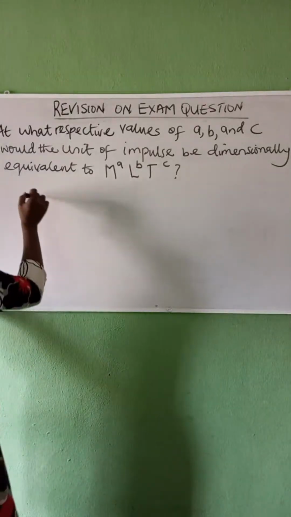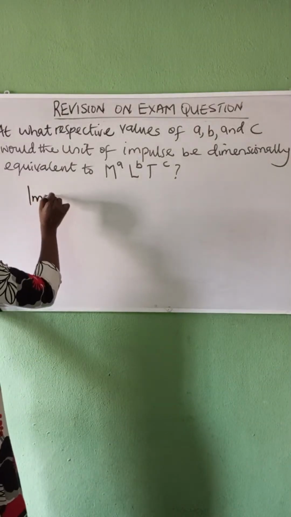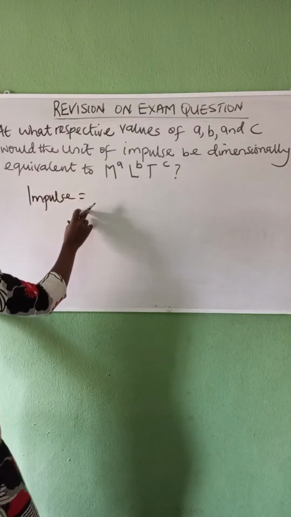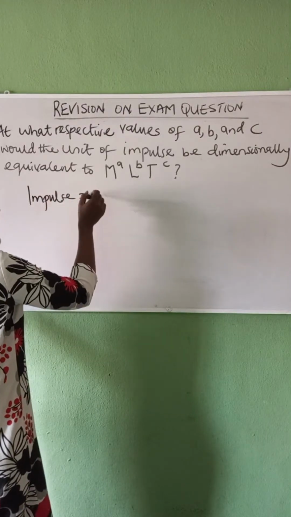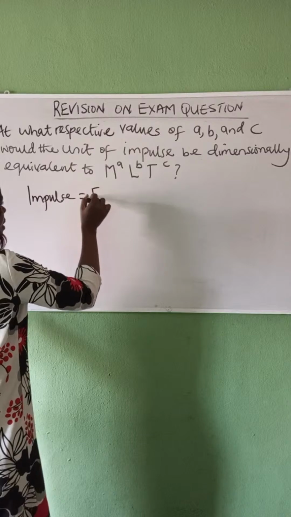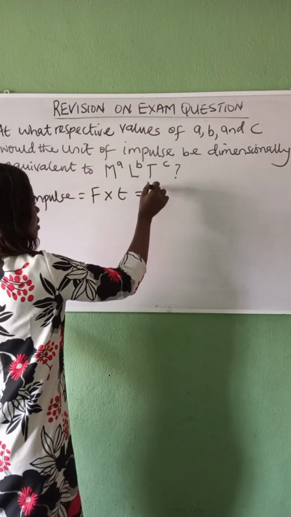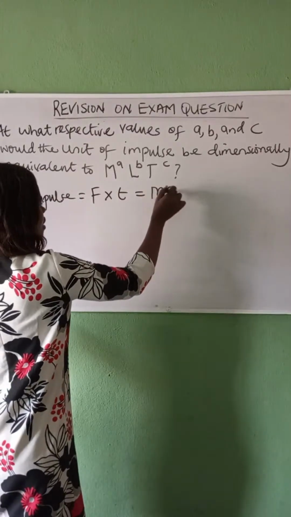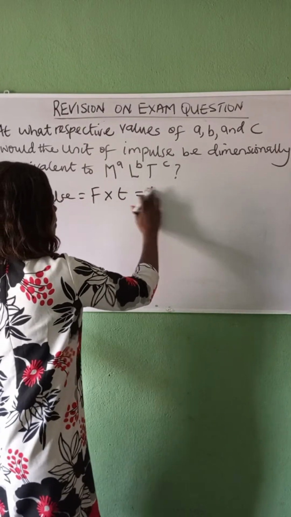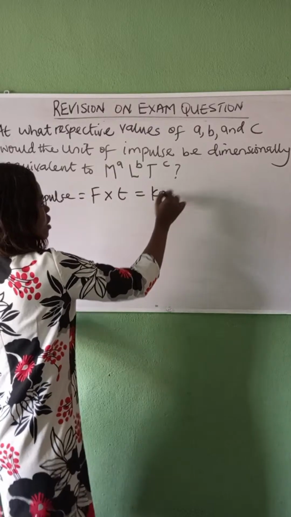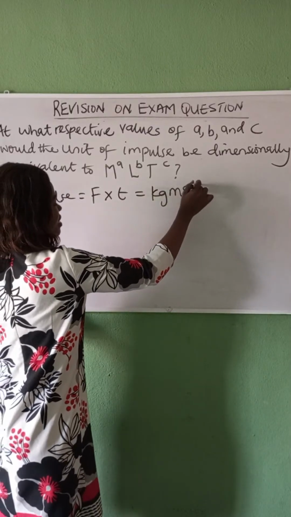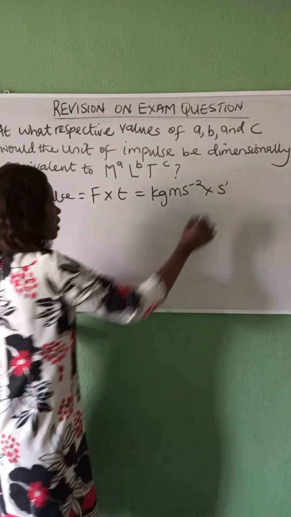All right. So let me solve for impulse right now. Let me start again. Impulse is force times time, and the force is kilogram meters per second square, multiplied by second, right?